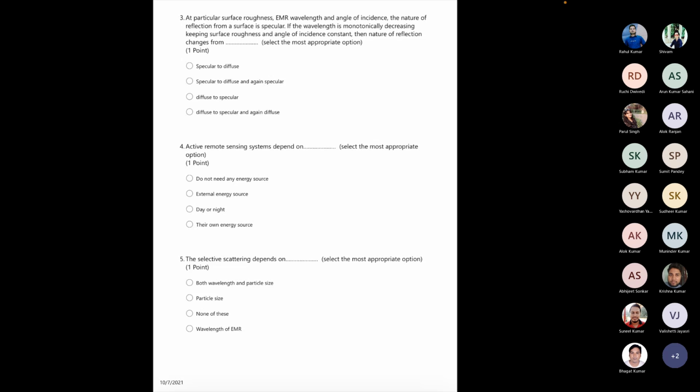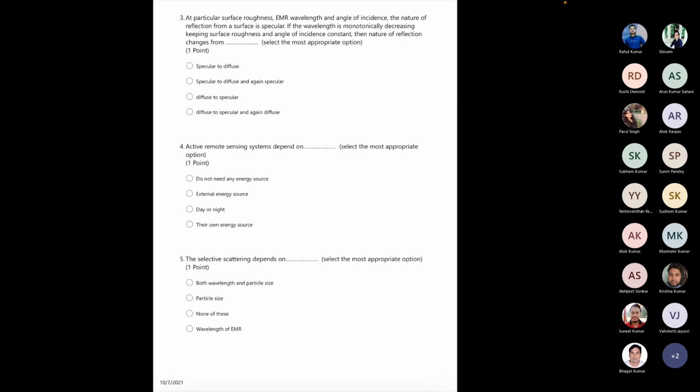The third problem is associated with the interaction of energy with Earth surface objects. What is the effect of surface roughness, the wavelength of the interacting EMR, and the angle of incidence at which the energy interacts with the object, and how do they decide the type of reflectance, whether it is specular or diffuse?